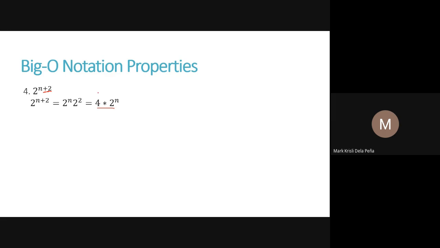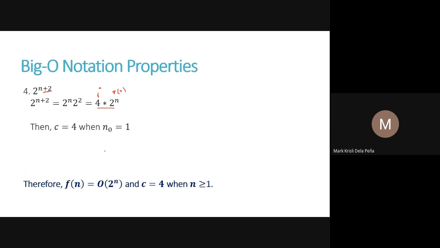This will be our C, and this will be our g of n. Since it has only one term, the other terms are 0. So our C is just equal to the constant coefficient of our one and only term. Then our C is 4, n sub 0 is equal to 1, and our big O notation is 2 to the n.